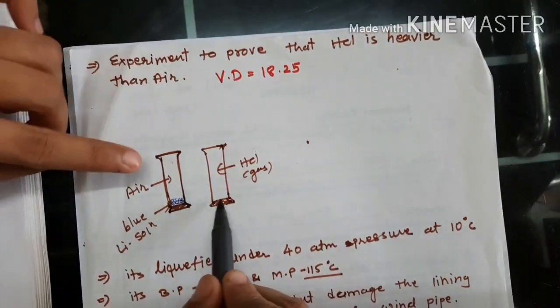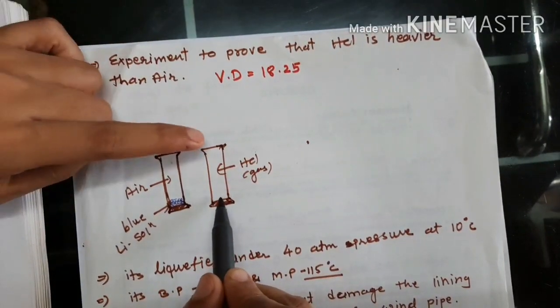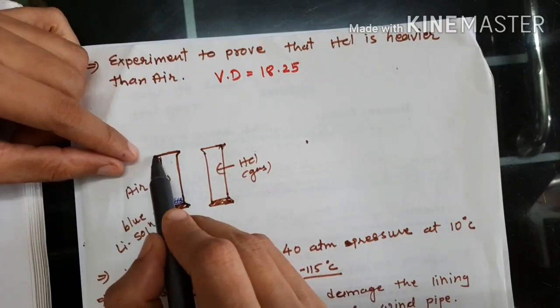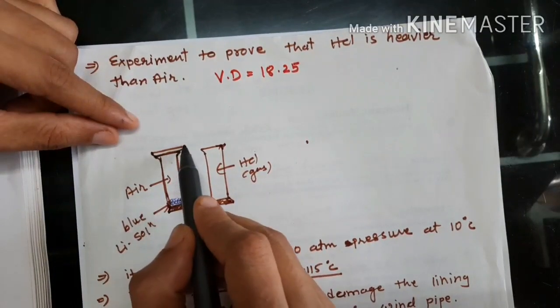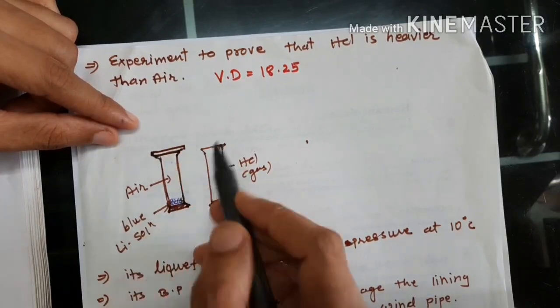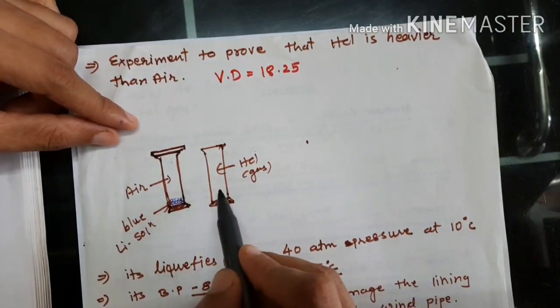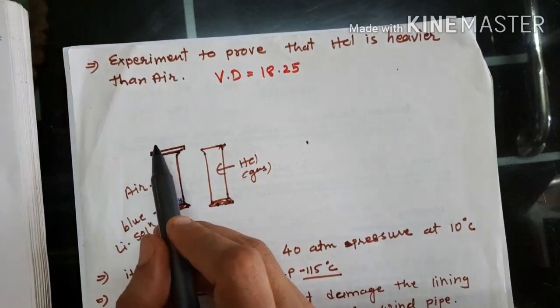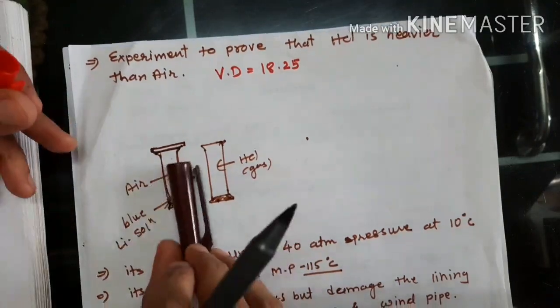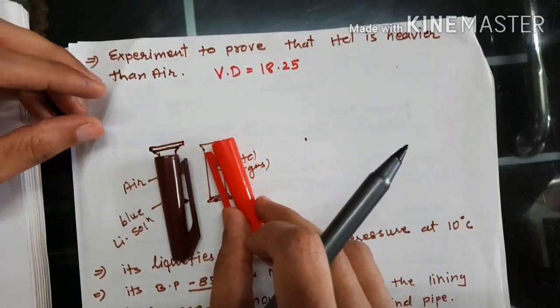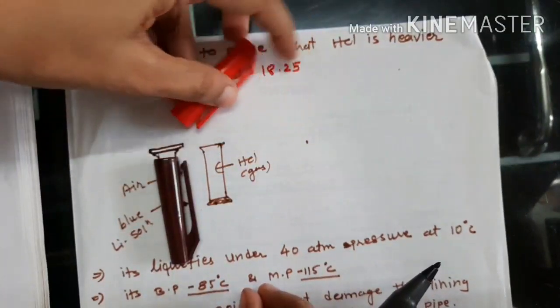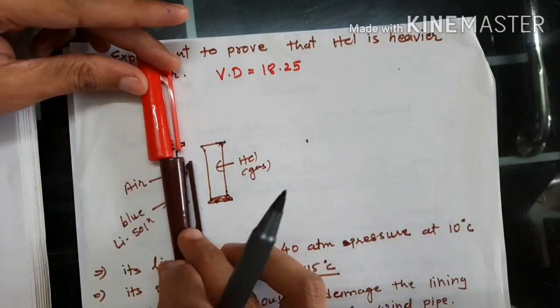Now we take this HCl gas jar, and put a glass disc first, and this HCl jar is inverted and put on it. Suppose this is the gas jar and this is the HCl jar. We take this HCl jar and put it like this, inverted.